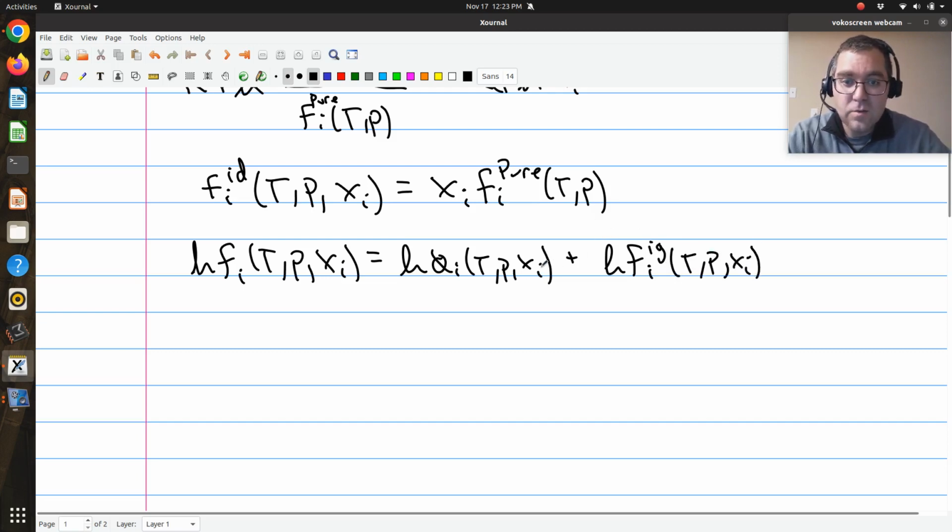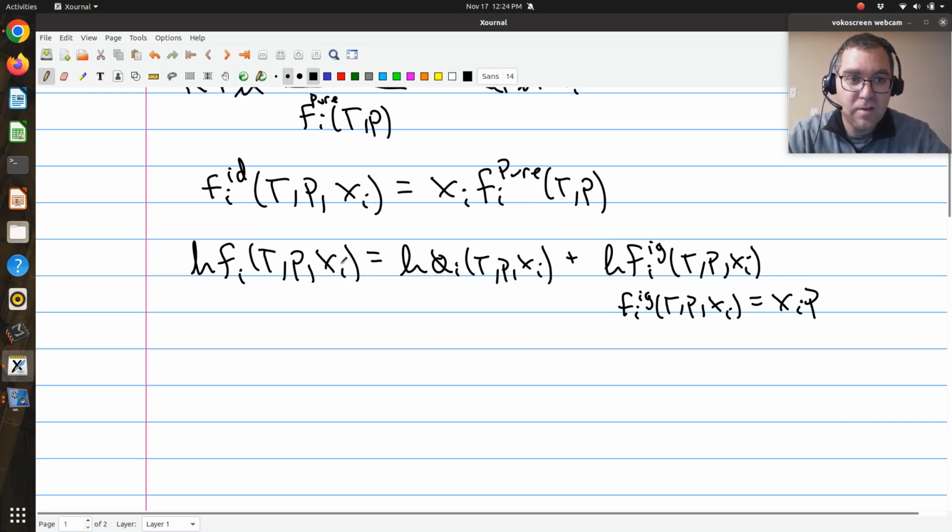So the key has been that I'm calculating my fugacity as some value at a reference state plus my deviation term. Now, the fugacity of component i in an ideal gas at T, P, and xi was just equal to the partial pressure, mole fraction times P.